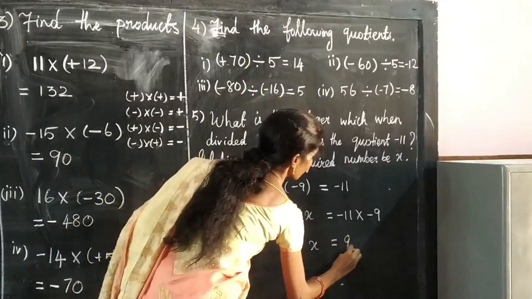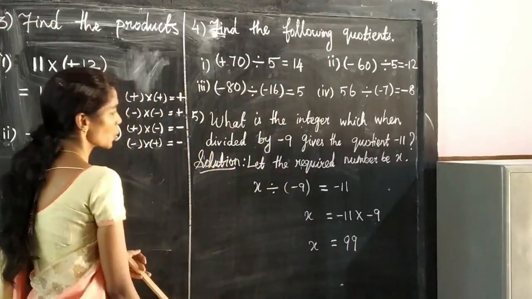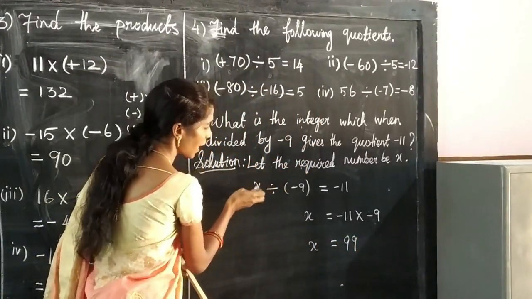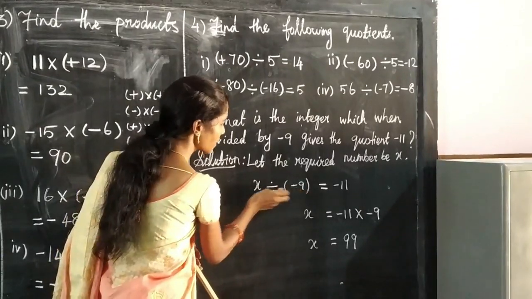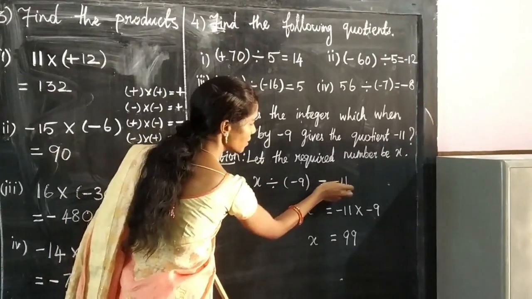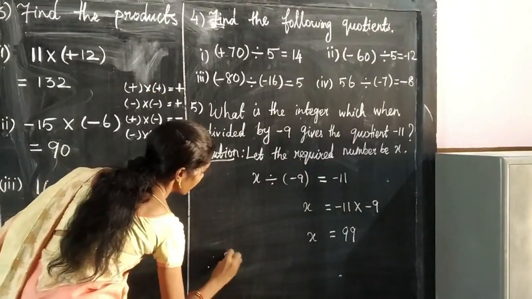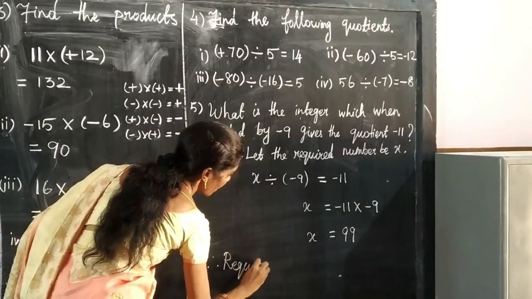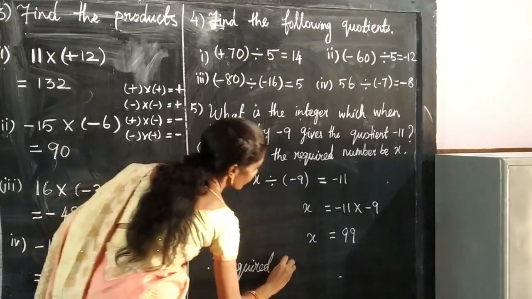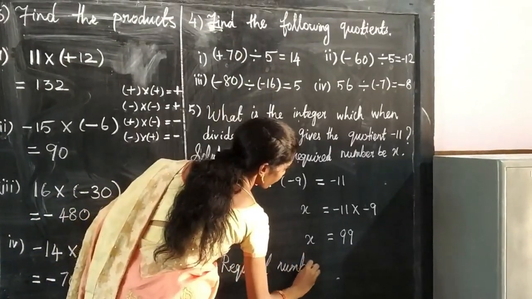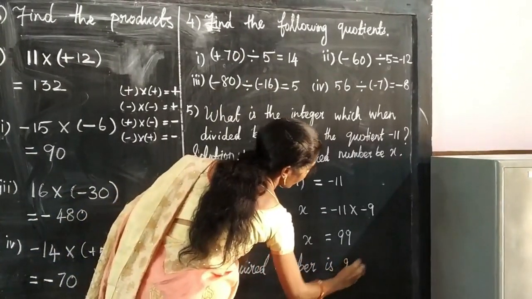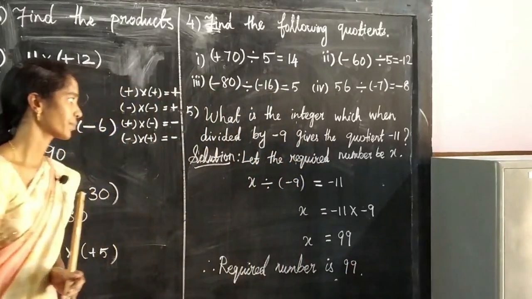So x equal to 99. So when you divide 99 by minus 9, what will you get? Minus 11. Therefore, the required number is 99. That's it.